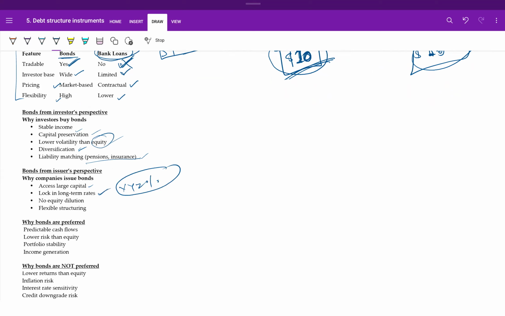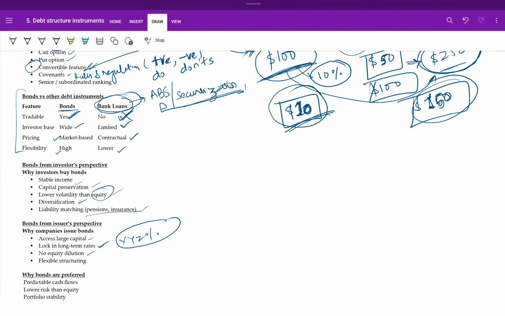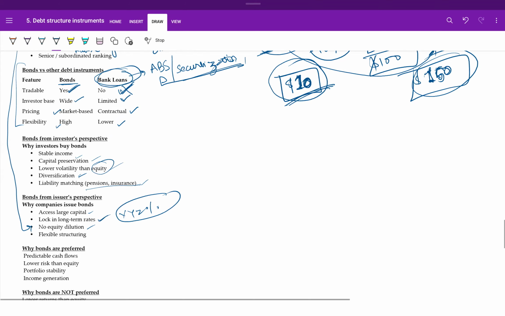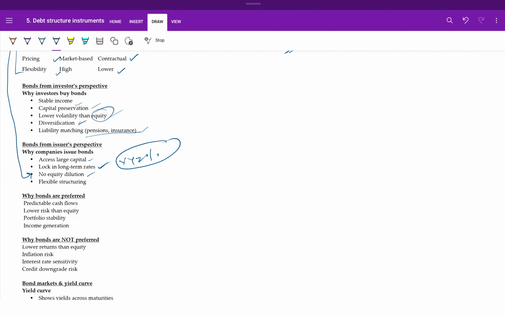There is no equity dilution unless they have convertible features. And there is flexible structuring. Bonds allow funding without losing ownership.